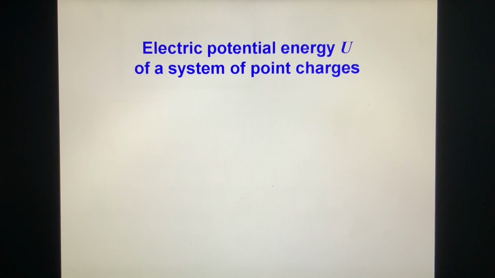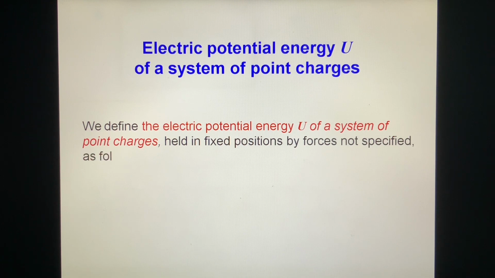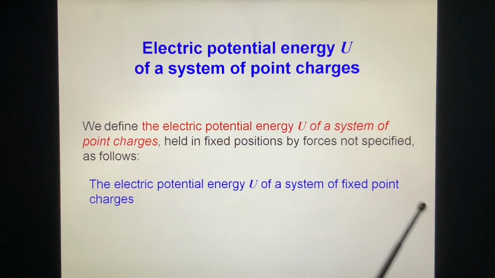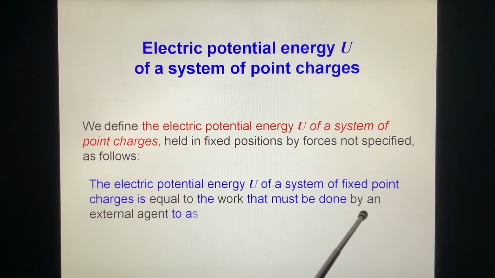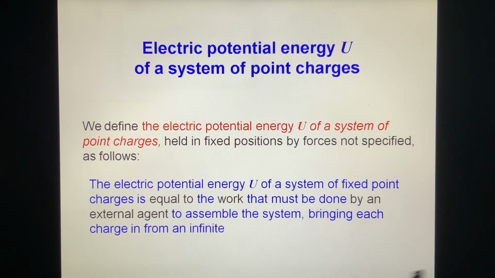Electric potential energy U of a system of point charges. We define the electric potential energy U of a system of point charges held in fixed positions by forces not specified as follows: U is equal to the work that must be done by an external agent to assemble the system, bringing each charge in from an infinite distance.